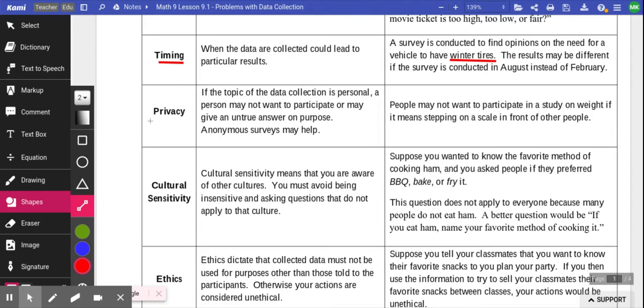Okay, privacy. Sometimes people ask questions that someone might not want to participate in, right? Like they might not want their answer to go out there into the public. A major one we see with that is voting, right?